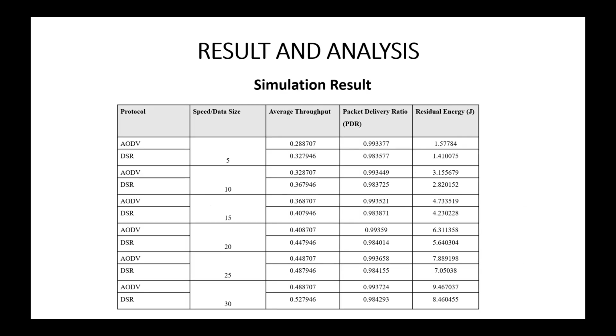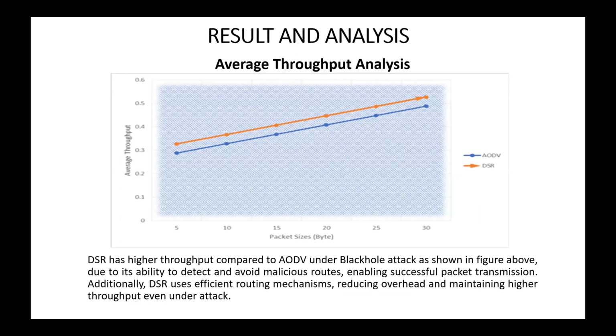And then for the simulation result, we ran it based on the data sizes that were inputted into the system, which are 5, 10, 15, 20, 25, and then we got all the results of average throughput, packet delivery ratio, and residual energy.